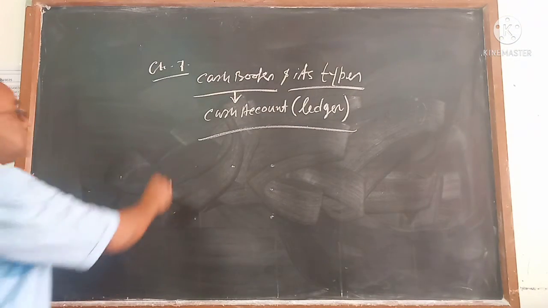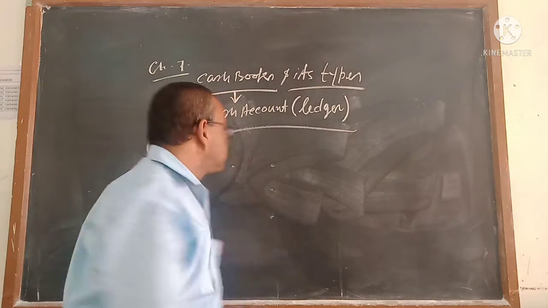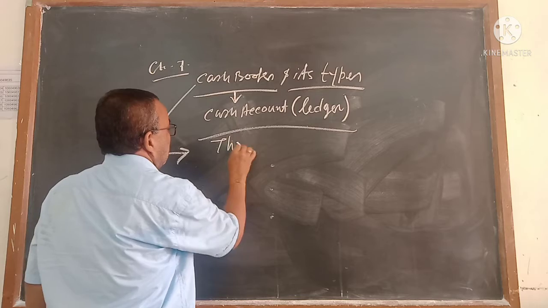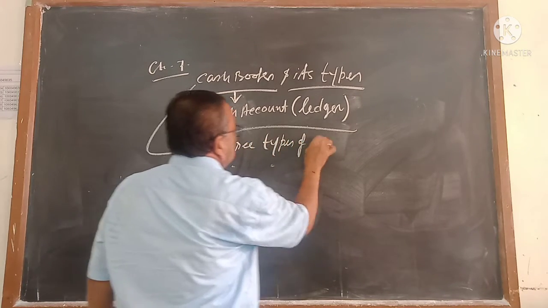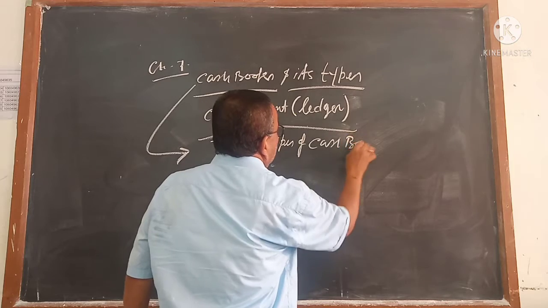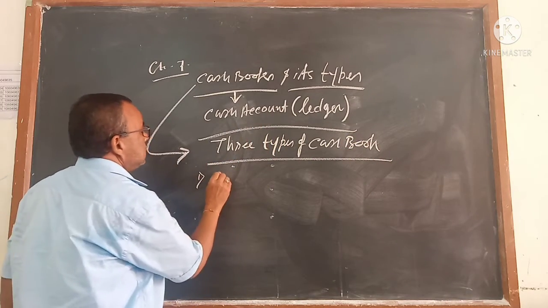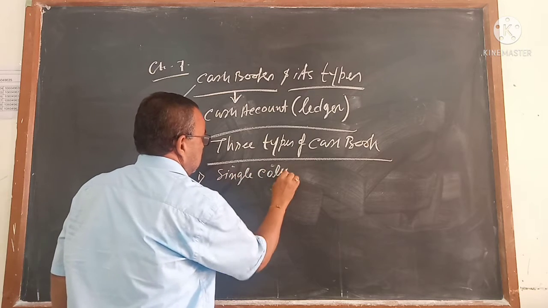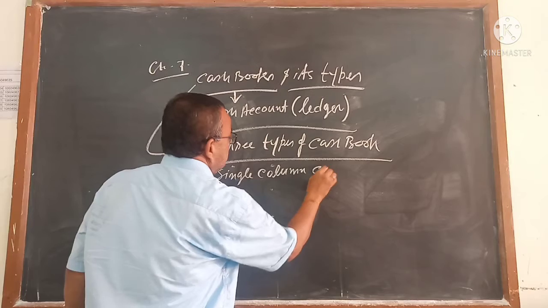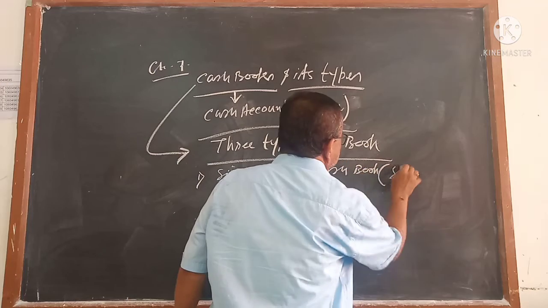Now, in this cash book, you will get three types of cash books. Out of that, one is called single column cash book, or simple.